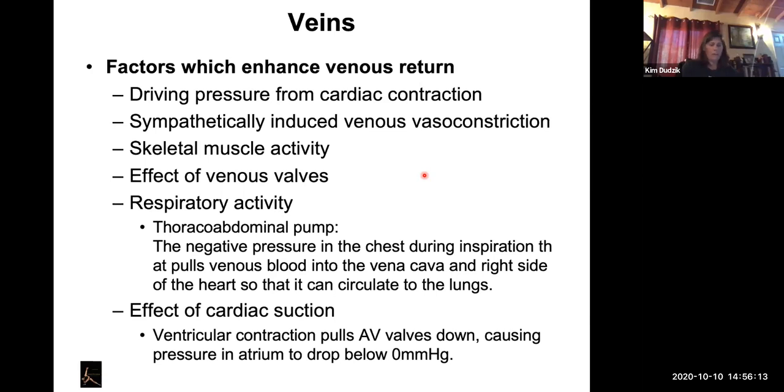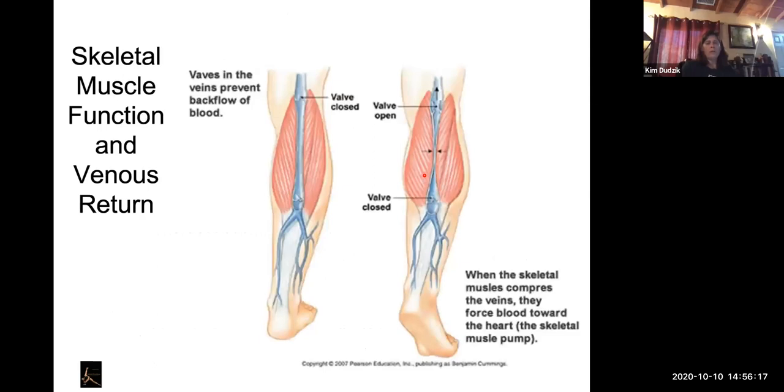So let me go to the next picture, and I can explain that to you. So between many of your skeletal muscles is where your veins run through. And the reason is because, again, the veins don't have a thick layer of smooth muscle, but if your veins run between your skeletal muscle, when you contract your skeletal muscle, then you put pressure on the vein and that causes it to constrict and it acts like a pump, right?